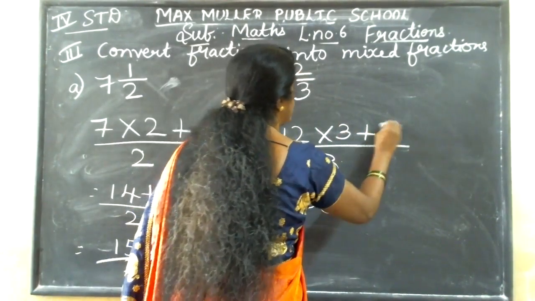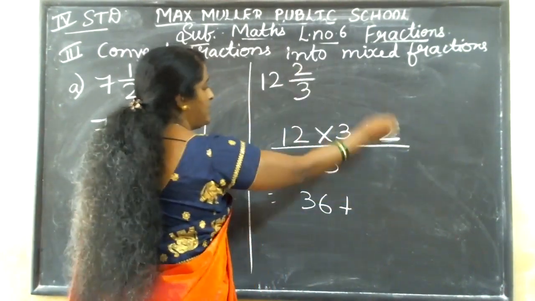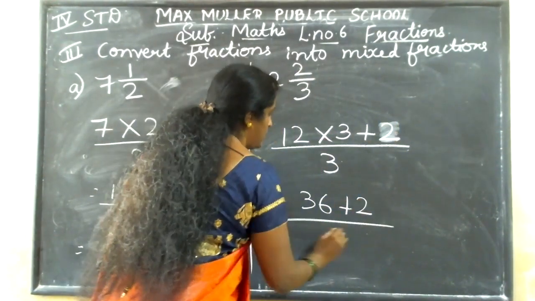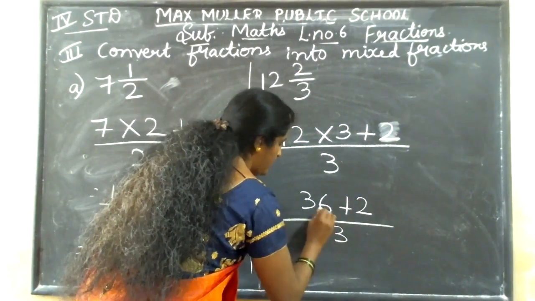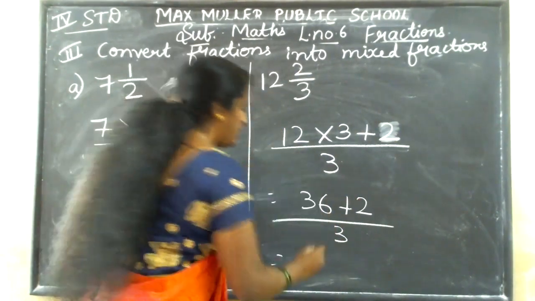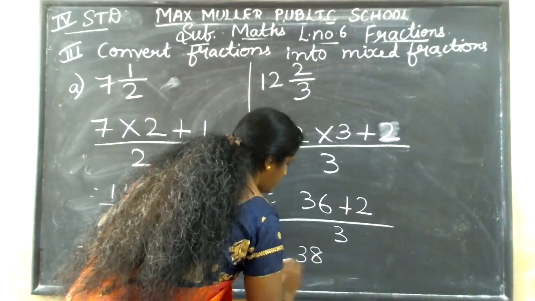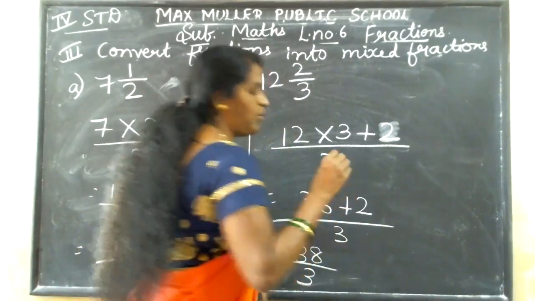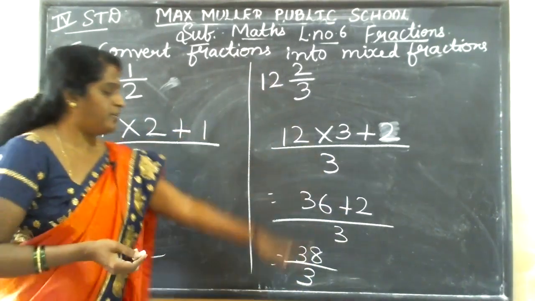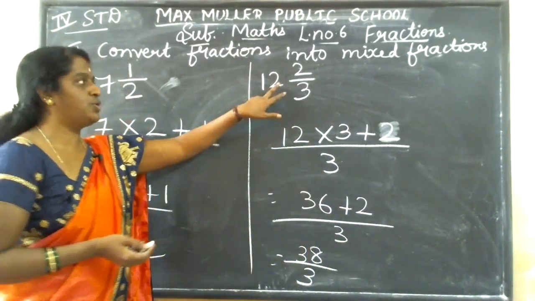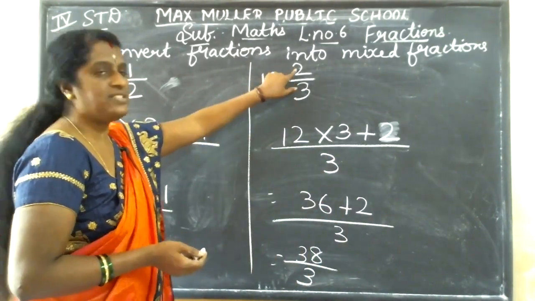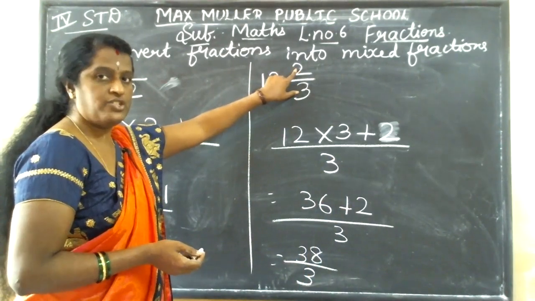Sorry, children, plus numerator will be 2. So plus 2. Denominator will be the same. 36 plus 2: 37, 38. Answer is 38 by 3. Denominator will be the same. 12 threes are 36 plus 2. Okay, children?